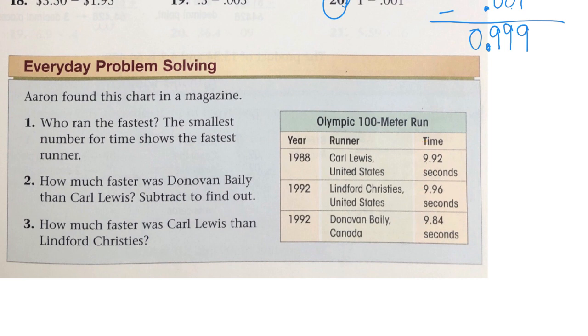They all have 9, and then these two have 9s in the tenths, but this one has an 8 in the tenths. 8 is less than 9, so 9 and 84 hundredths seconds is the least amount of time, telling us this person went the fastest. And that's what we can write. Donovan Bailey.